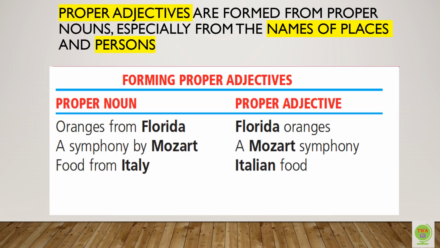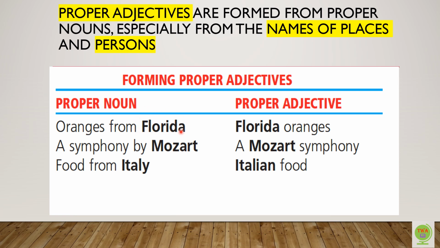Let's take a look at this. Once again, proper adjectives are formed from proper nouns, especially from the names of places and persons. Let's see, forming proper adjectives. Here at the first example, we have proper nouns, the words being used as proper nouns. Oranges from Florida.